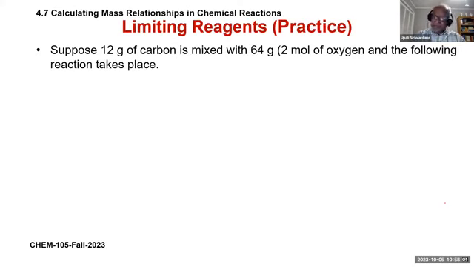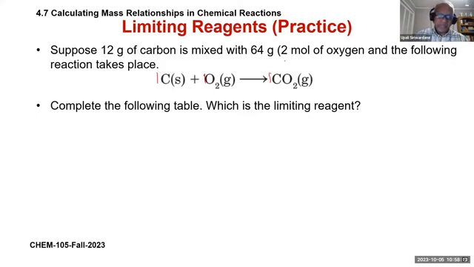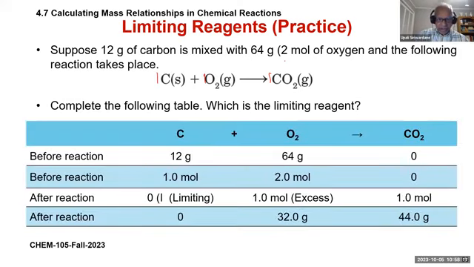Let's look at some more detail of the limiting reagent. For this reaction, the stoichiometric coefficients are all ones. Let's create a table for the data. If you start with 12 grams of carbon and 64 grams of oxygen, how do you calculate?